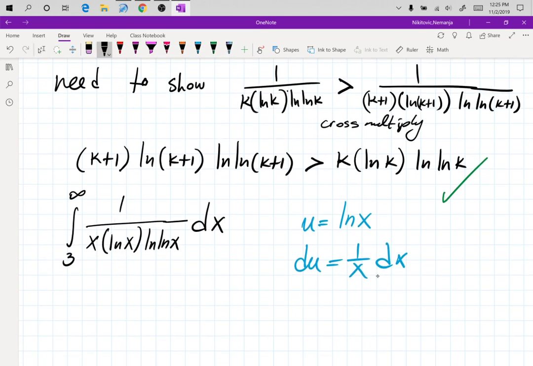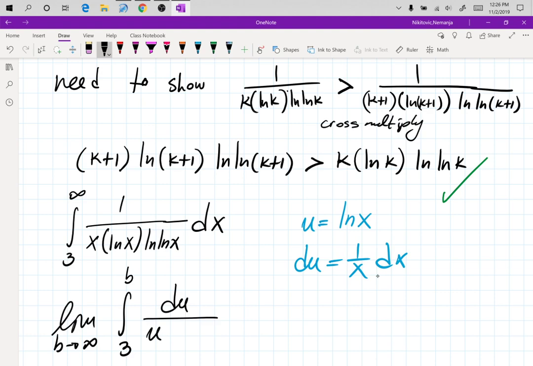So we have our limit as b goes to infinity, integral from 3 to b, 1 over x dx is the du, divided by ln x, which is u, and ln of this inside ln is u.